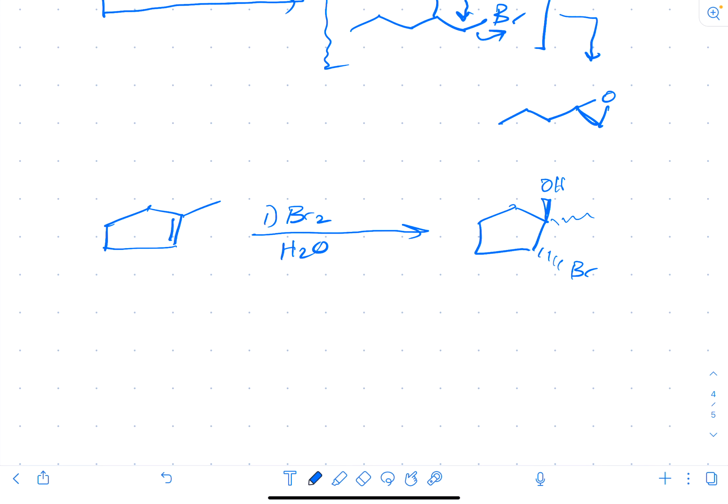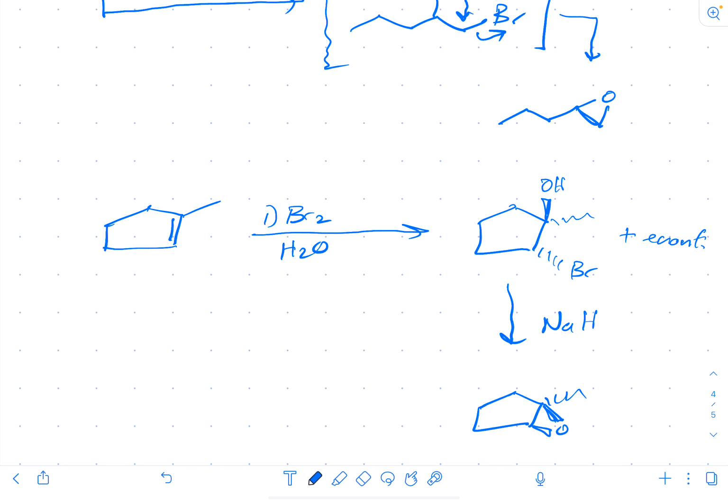And that arrangement of OH versus bromine is always going to be anti with respect to the ring, again, because the nucleophile adds from the opposite face of the bromonium ion. So I would get this plus its enantiomer. And then if I treat this material with sodium hydride, pluck off that hydrogen, it will ring close to an epoxide to give me this epoxide plus its enantiomer.